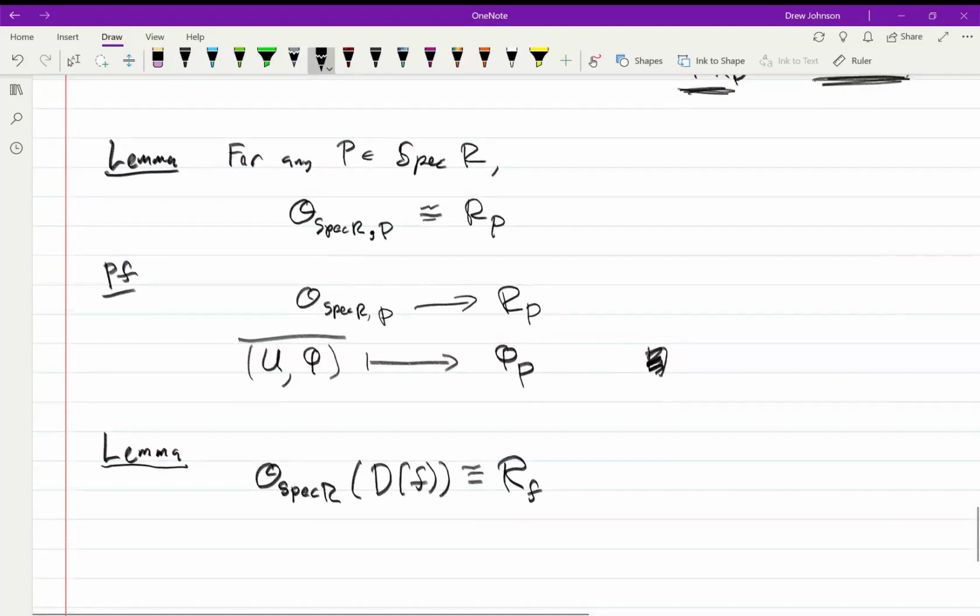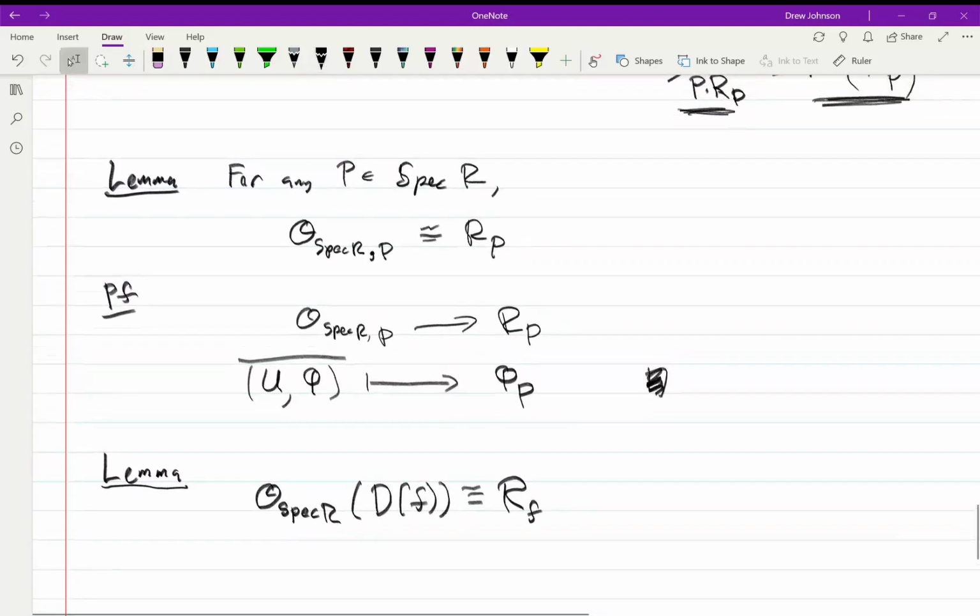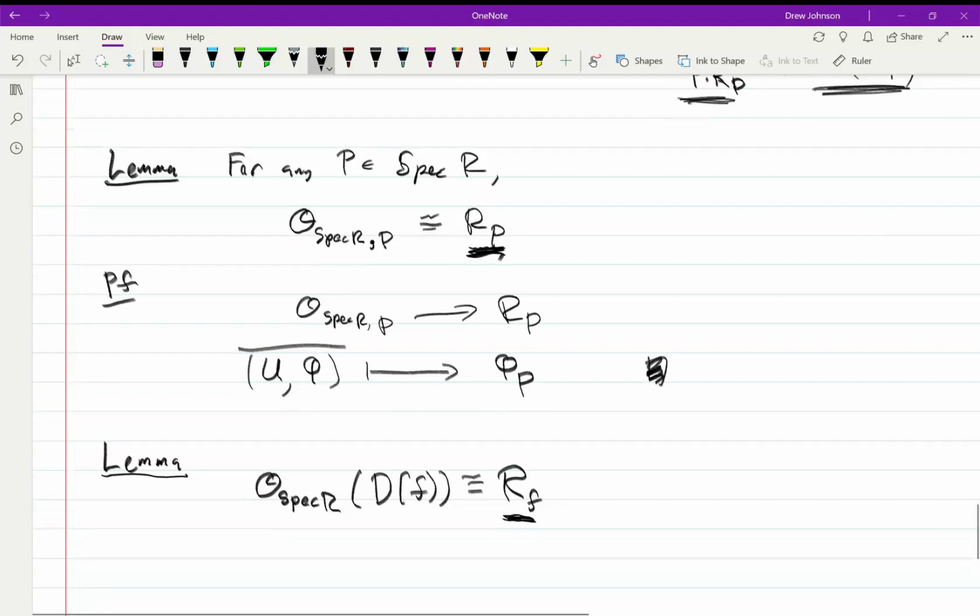Just a reminder from commutative algebra, R_P means R localized at the prime ideal, which means you invert the things that are not in the prime ideal. If you say R localized at one element, it means you invert f and all its powers, right? Okay.